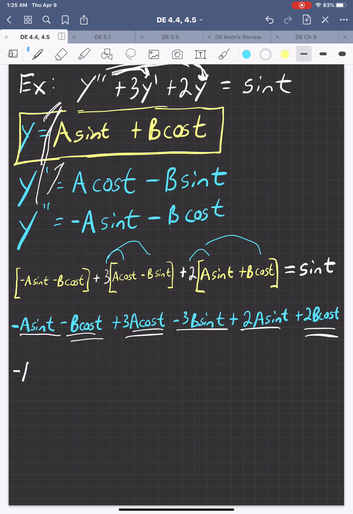That's negative a sine of t, plus 3a. No, my sincere apologies. Let me see the other sine terms. So minus 3b sine of t. And what else has a sine in it? Plus 2a sine of t.